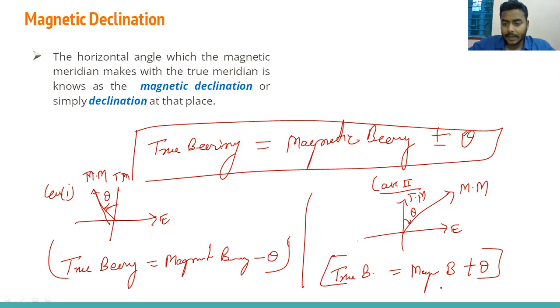You have calculated the magnetic bearing, meaning the horizontal angle between a line and the magnetic meridian. Now we want to calculate the angle from the true meridian. So directly we can remember: true bearing is equal to magnetic bearing plus or minus theta, or plus or minus declination. Declination depends upon the magnetic meridian: if declination is towards west, then negative, towards east, then positive.